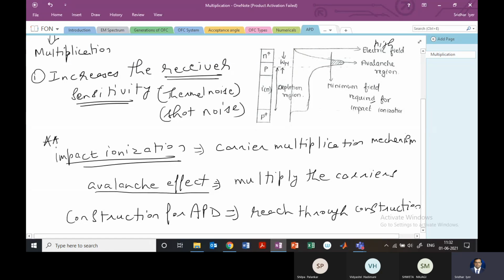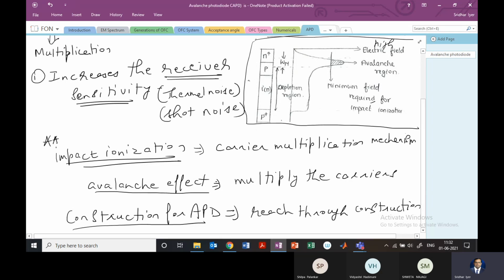So we'll understand why it is known as the reach through construction, right? This diagram which you see here is known as the reach through construction. Okay, so we'll see very soon why it is known as the reach through construction, right?